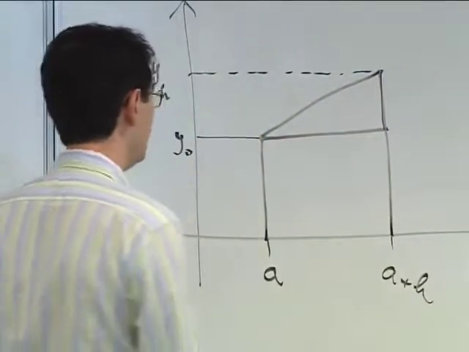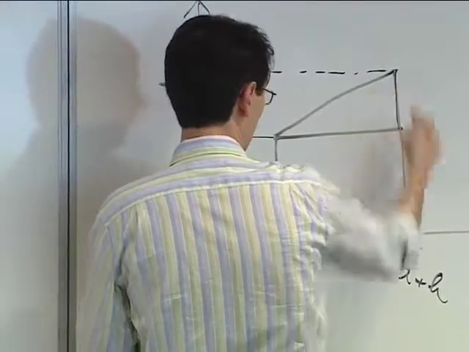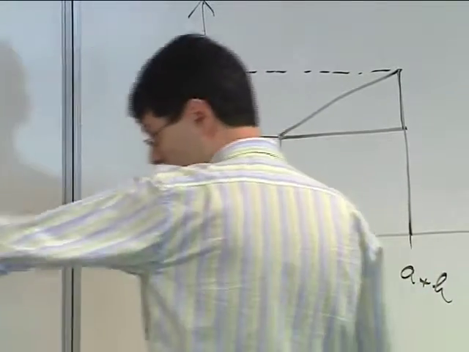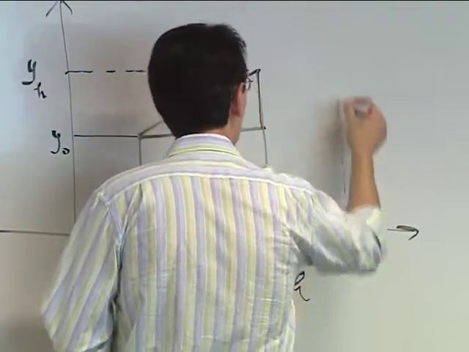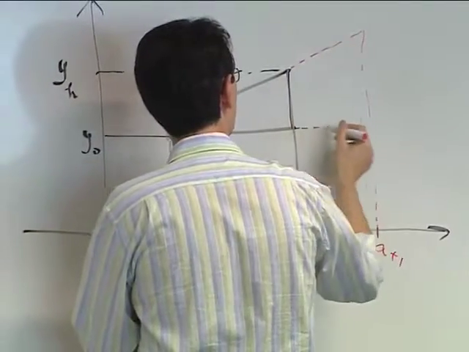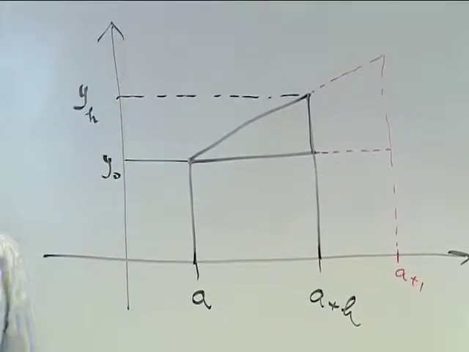I cannot say that the slope is this difference because this is not 1 now. But compared to that picture, use similarity of triangles.